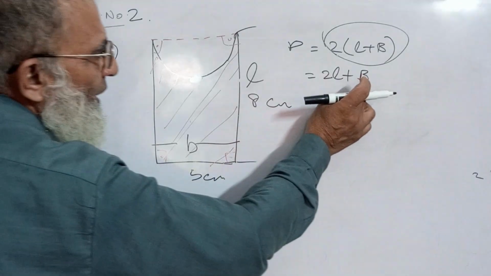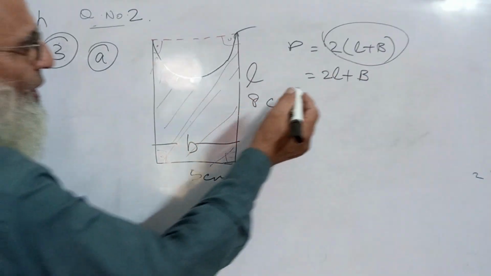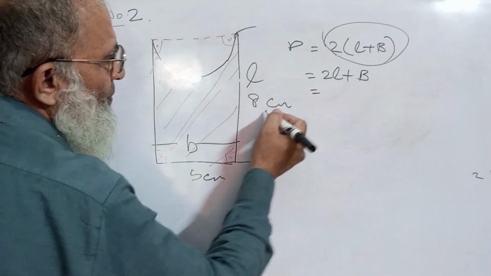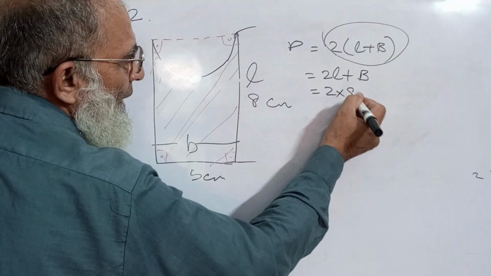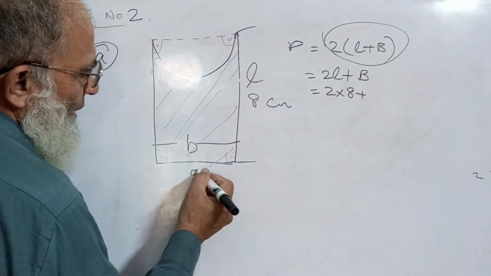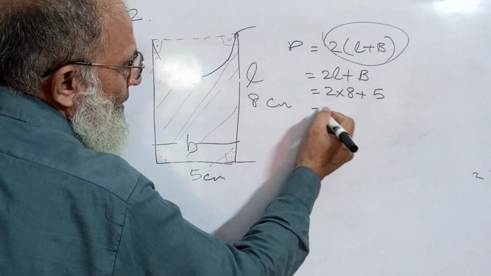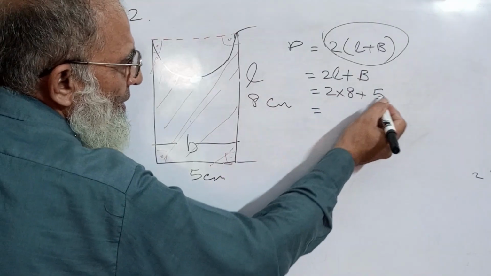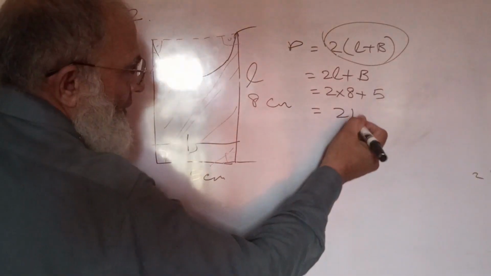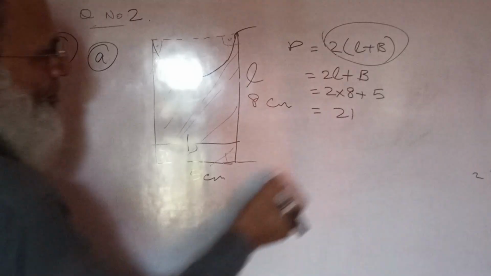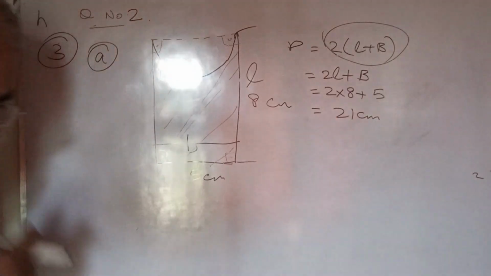So 2L means 2 multiplied by 8 plus B is 5. So it is 16. 16 plus 5 is 21 centimeter.